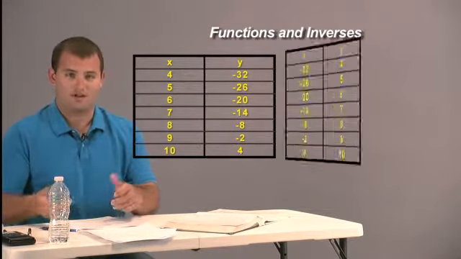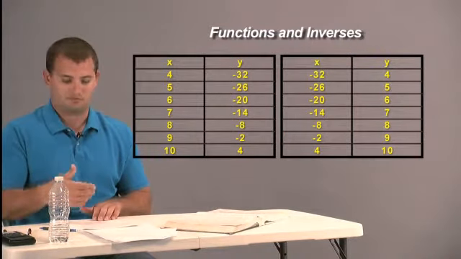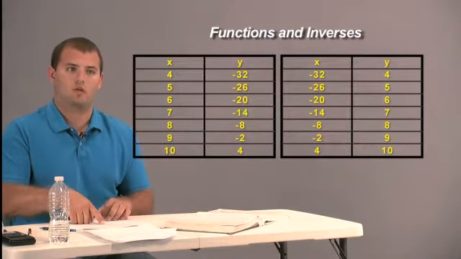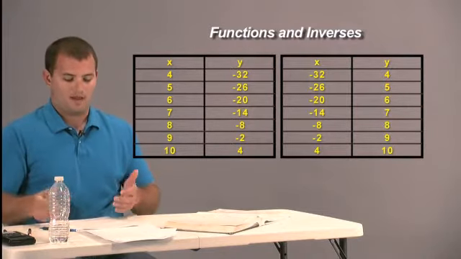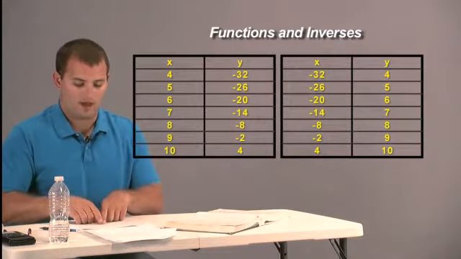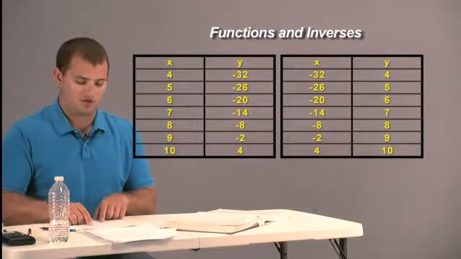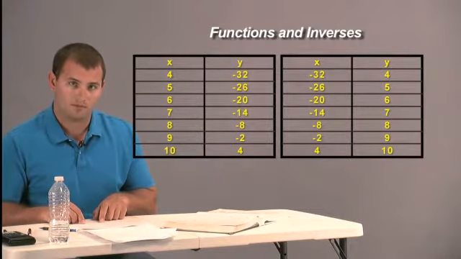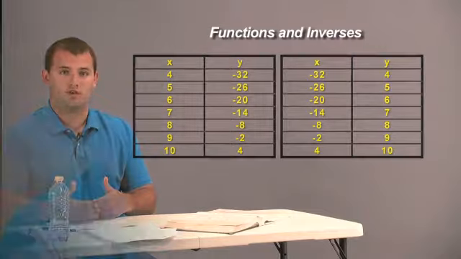So we'll write another table, and for the inverse, the y values of the original function will become the x values, and the x values of the original function will now become the corresponding y values of the inverse function. So in the original function, when x is equal to 4, y is equal to negative 32. In the inverse function, when x is equal to negative 32, y is equal to 4. Okay? That's pretty easy, and you can go down the list doing that each way.